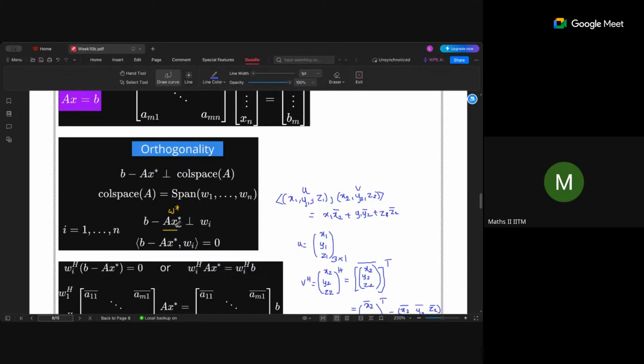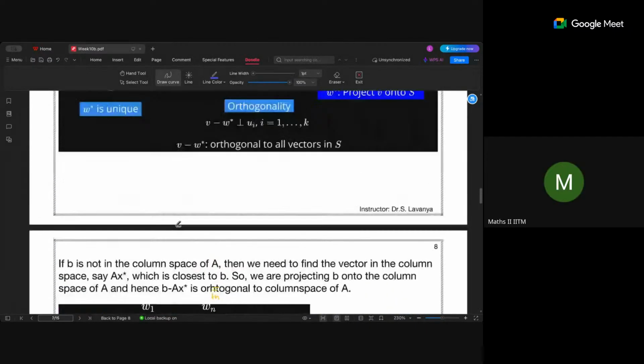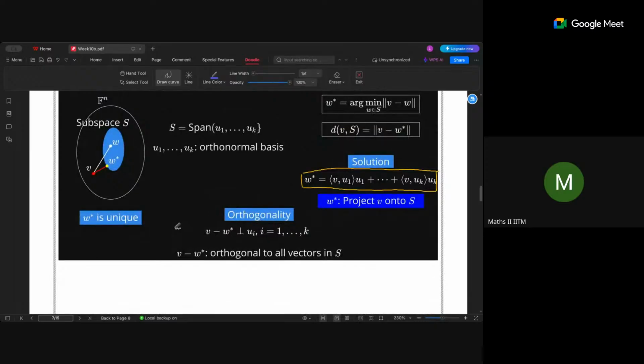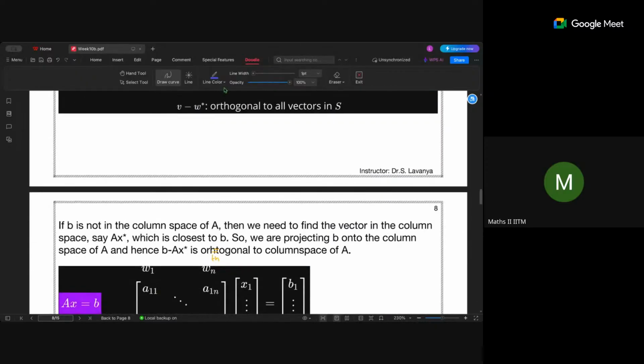See, any element in the column space of A is of the form AX.